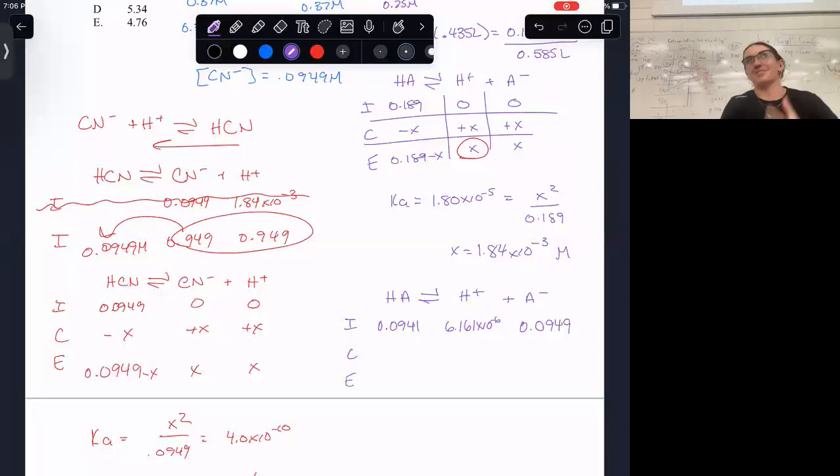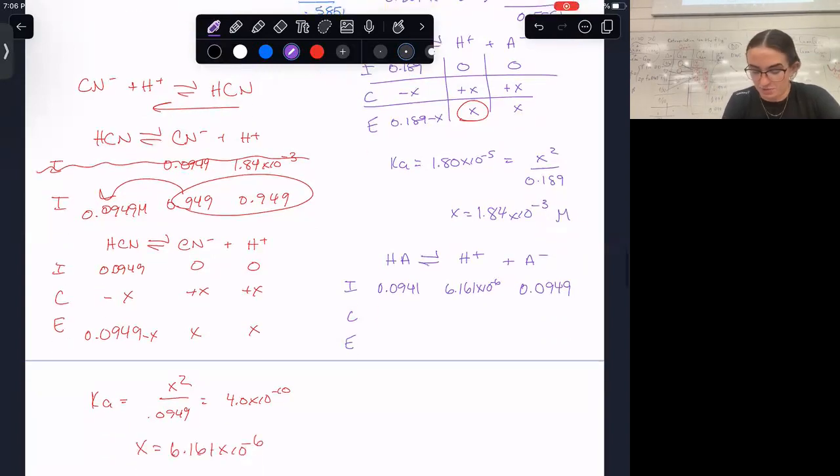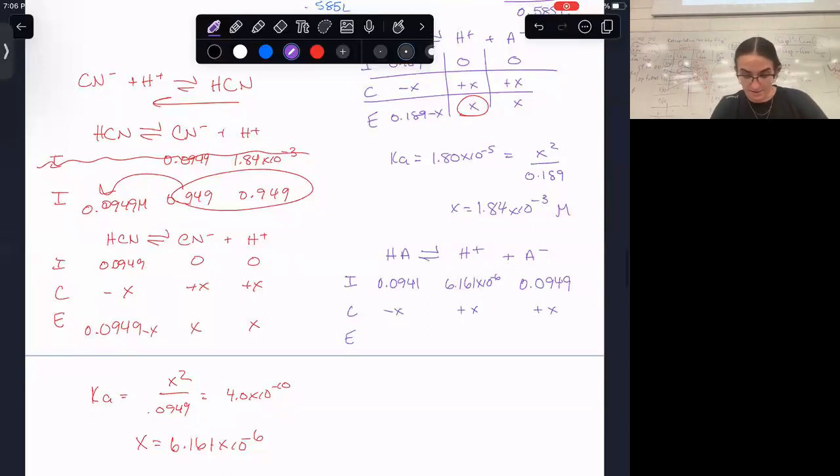So we now need to do another ice table. You could solve for Q. We could find out that Q does not equal K. We need to produce more products. So now we have a situation where we have minus X, plus X, and plus X, because we had the H plus from our HCN.